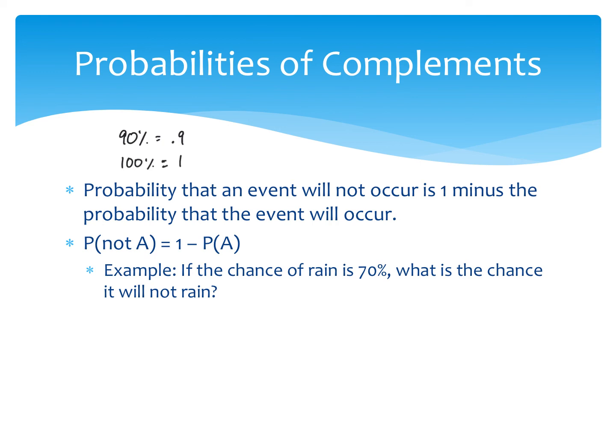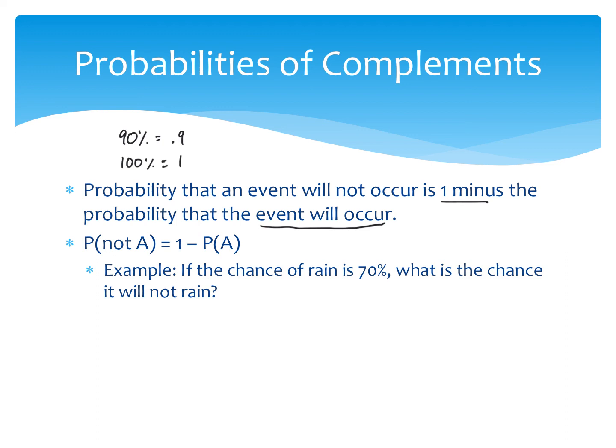It's going to happen. Now, the probability of something not happening is going to be 1 minus the probability that the event will happen. Okay, so you see the equation down there. So probability of not A is equal to 1 minus the event occurring in the first place.